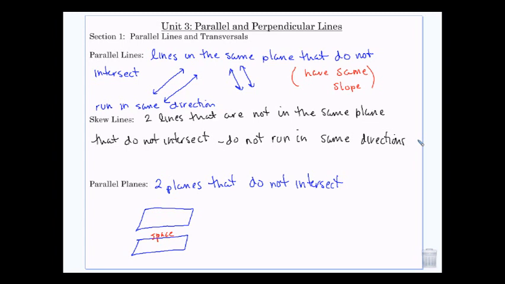As I go around the box, those edges are all going in the same direction, so those are all parallel. This edge does not intersect this edge back here, right? They don't intersect, but they don't run in the same direction, so those would be skew. One is going up and down, and the other one's going side to side, but they're not in the same plane. So they don't intersect.